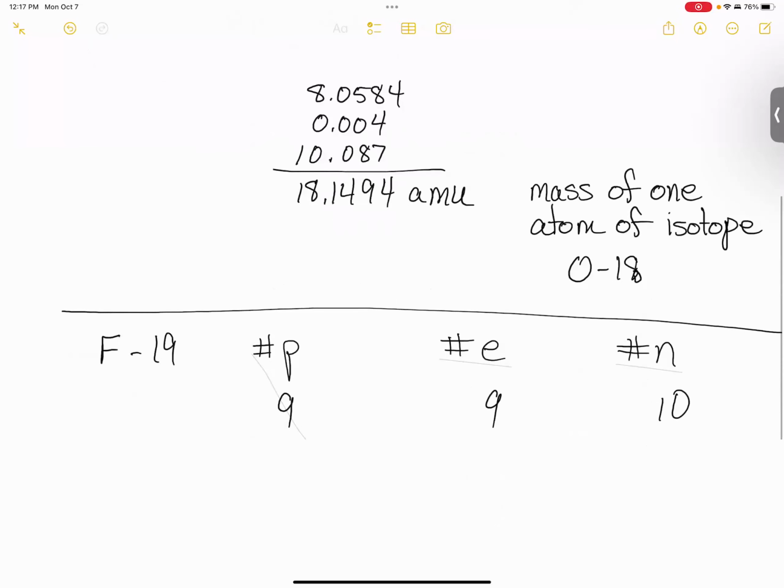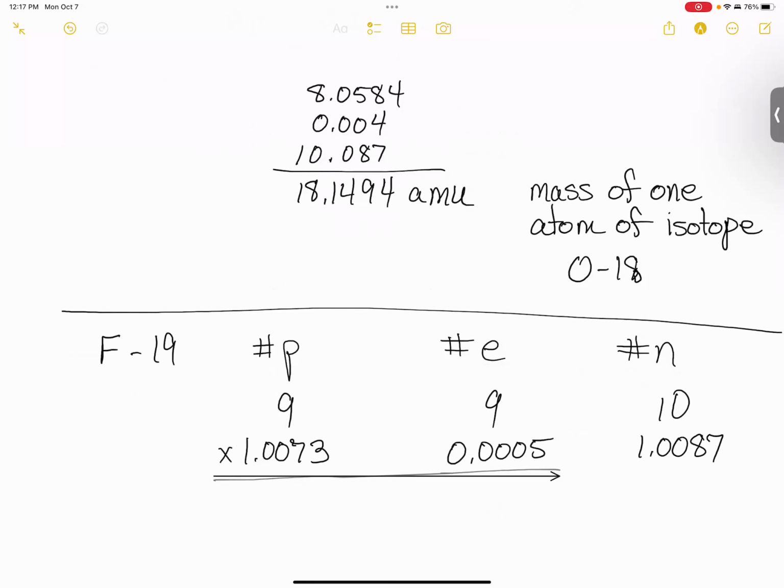A proton has a mass of 1.0073, electrons 0.0005, and neutrons 1.0087. So looking at this, the protons contribute 9.0657.